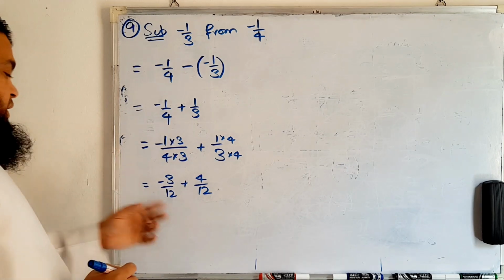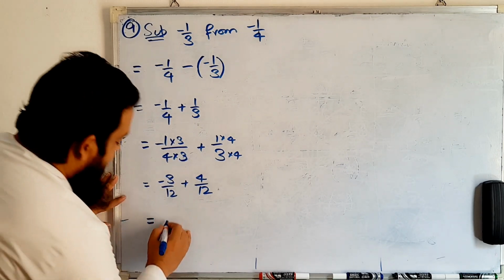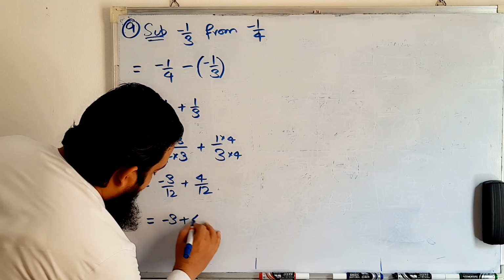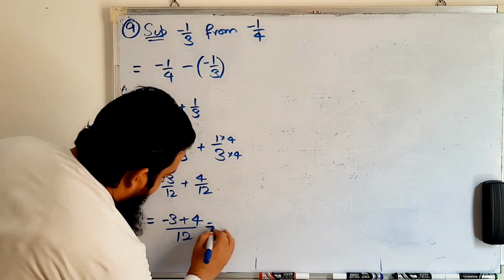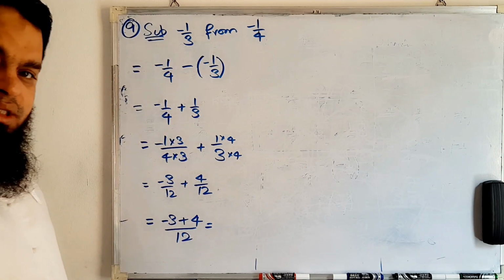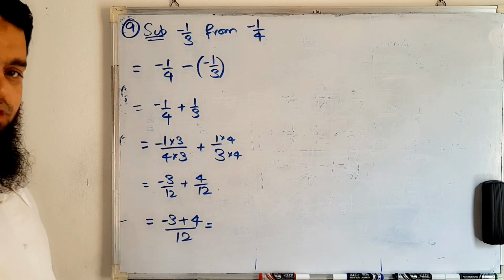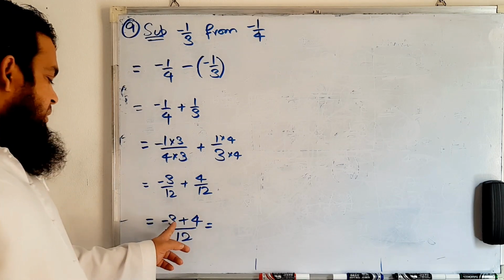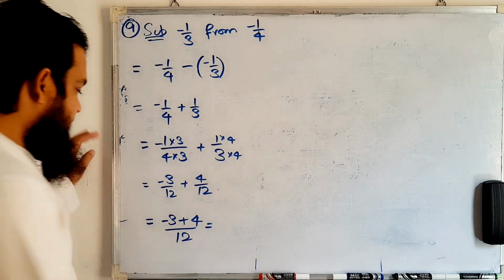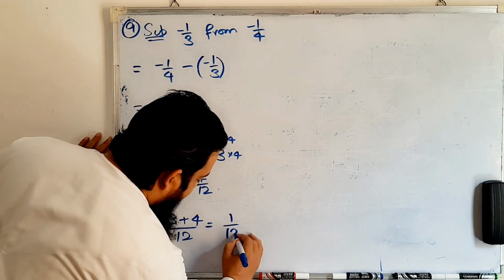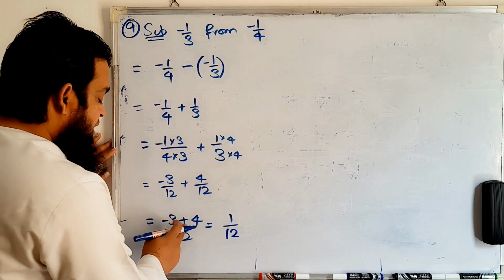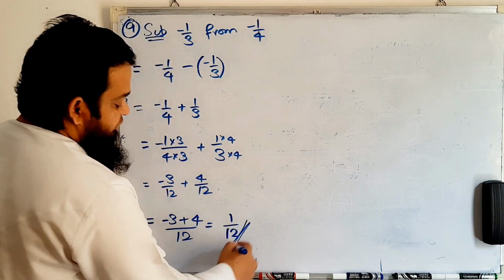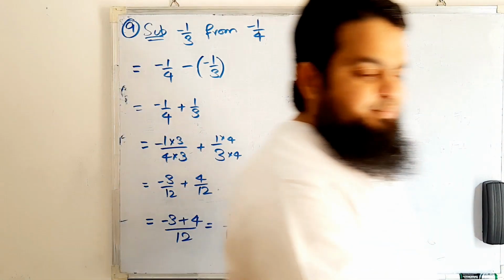Here you have like fractions. So minus 3 plus 4 by 12. Adding one negative and one positive, subtract 4 minus 3. How much? 1 is the answer. And the sign of the bigger number is plus. So therefore plus 1 by 12. This is the answer.